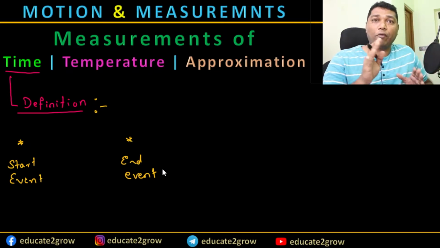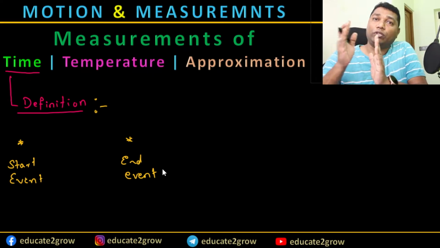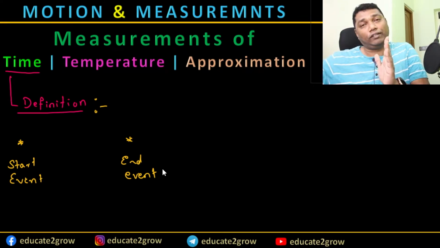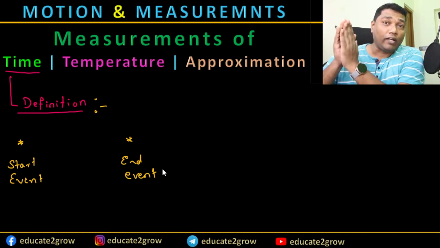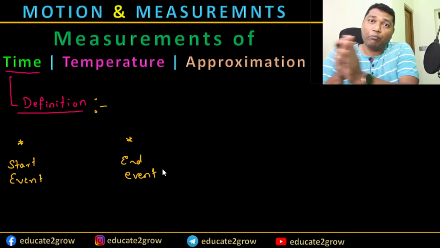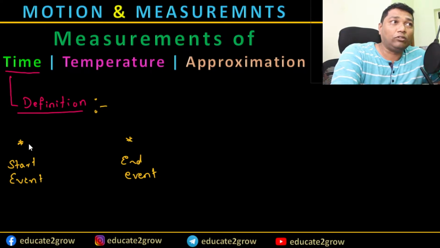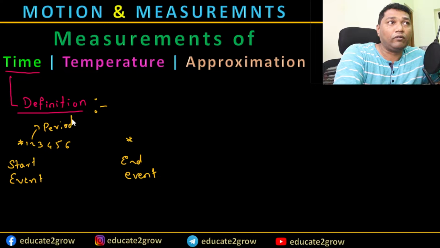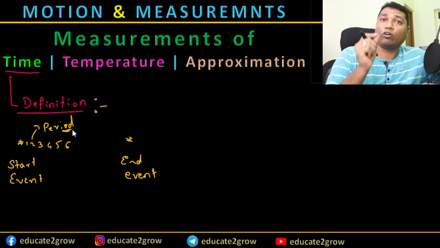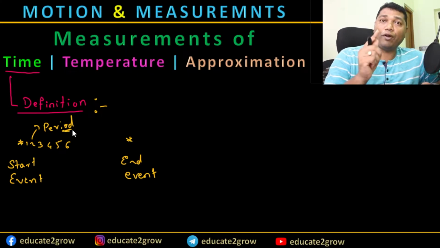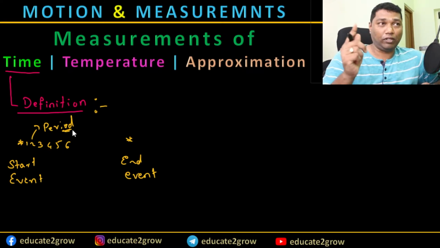Within that time we count 1, 2, 3, 4, 5, 6, 7, 8, 9, 10, till the event ends. The whole complete count gives the time frame. What these are called is period, and these are called units: 1 unit, 2 units, 3 units, something like that.